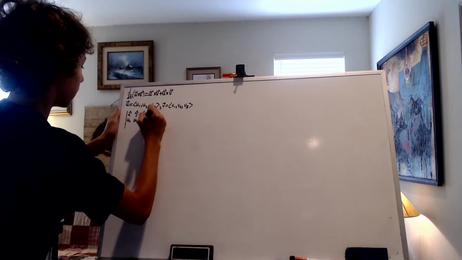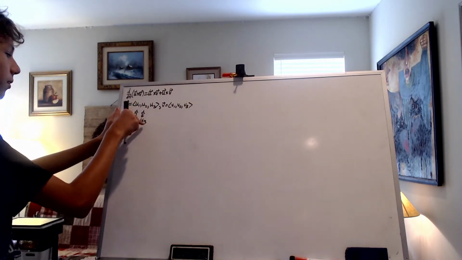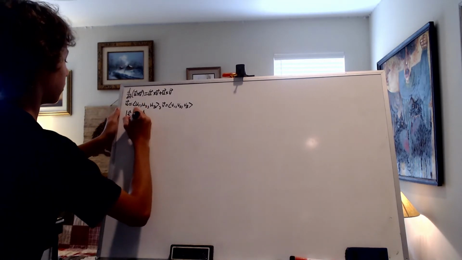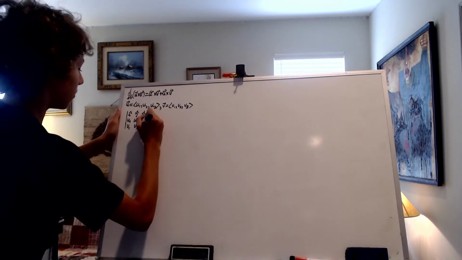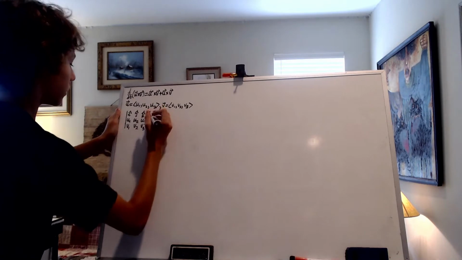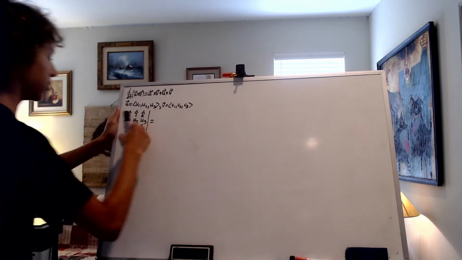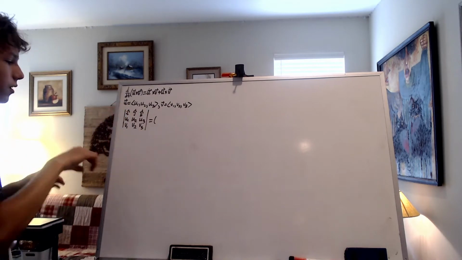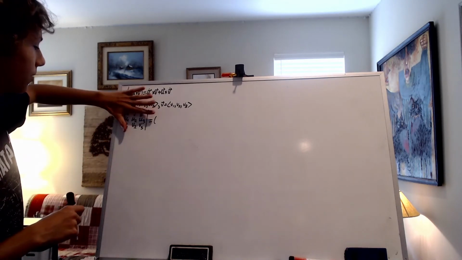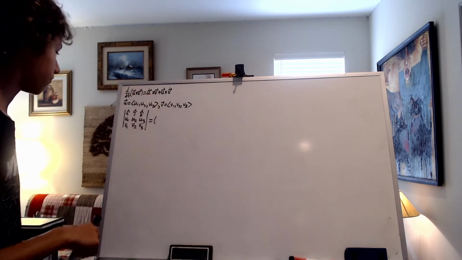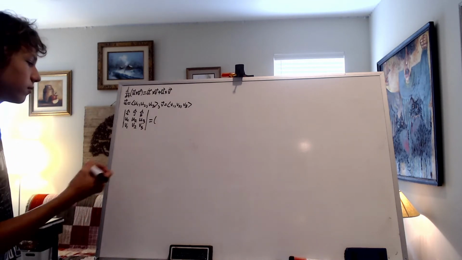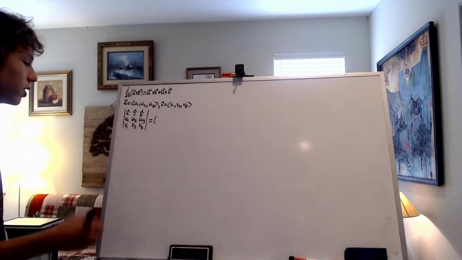So we have the first column, the second column I should say, is with the components of the first vector, and the third column is with the components of the second vector. So how would we calculate this? Well, I forgot what this method is called, but it's like the row and column cover up thing.